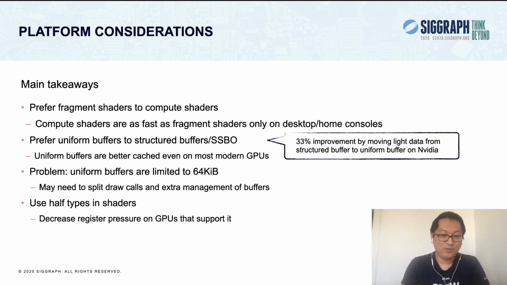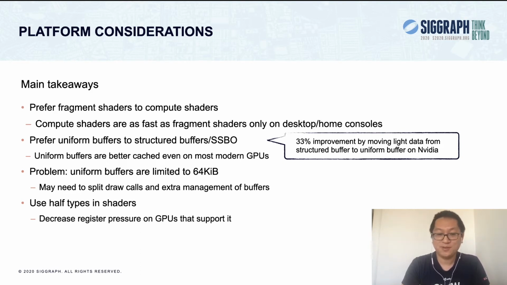We prefer to use uniform buffers to structured buffers or SSBOs because uniform buffers are better cached, even on very modern GPUs. Even on an NVIDIA GeForce GTX 1050, for instance, with some data structures, in my case the light data for the deferred renderer, storing it in uniform buffers actually yields a 33% improvement in shading time.